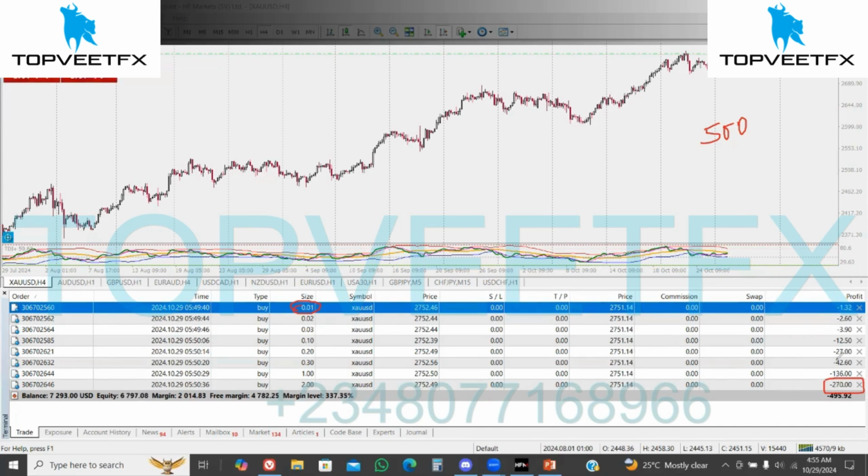Look at it. Let's say 42. I use 0.3, 42 minus $500. I'm already exposing myself. But let's say I stayed around 0.05 or 0.03. Now you are minus 12 from this $500. It's nothing.